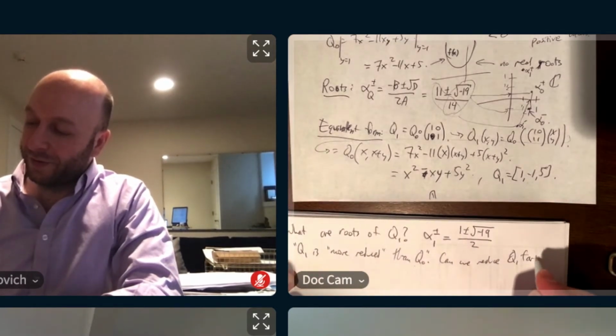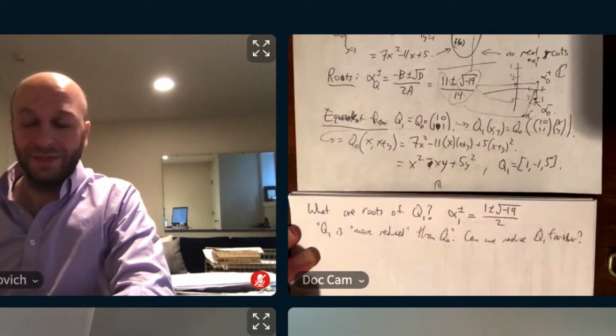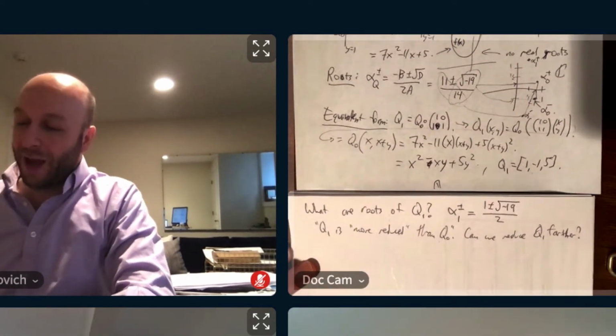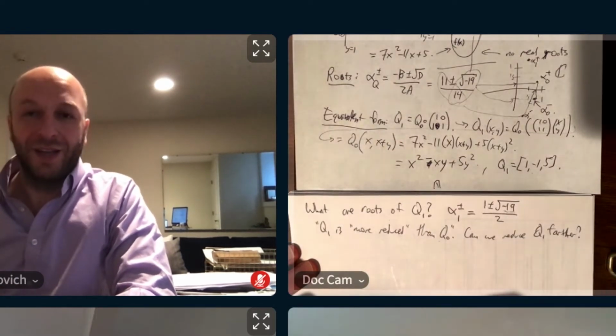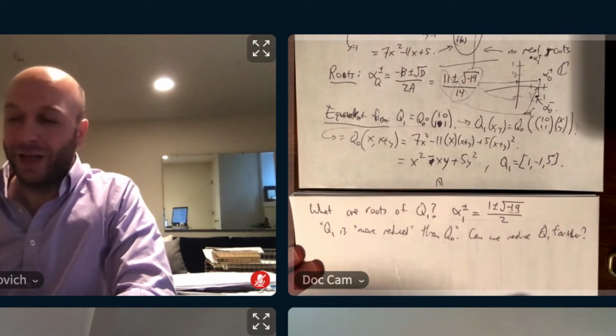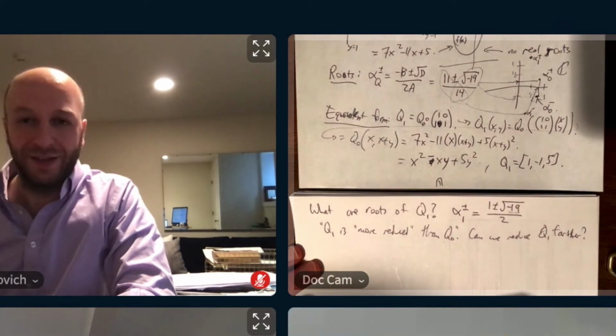Further, farther? Same thing. All right. Now, before we go on, this is curious. Is this a fluke that we got the same discriminant, negative 19? What do you guys think?